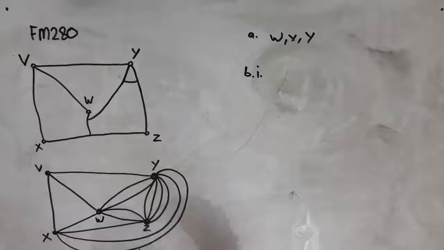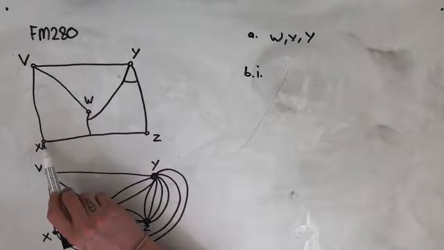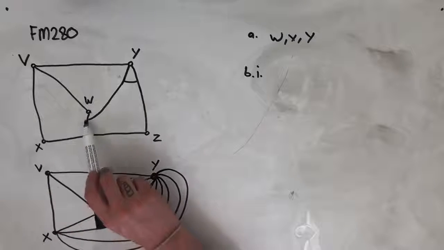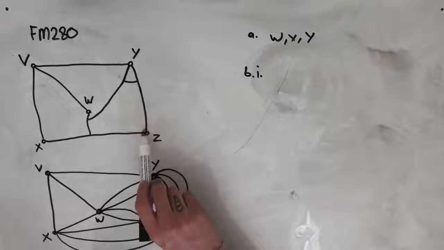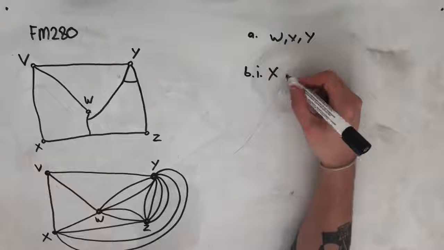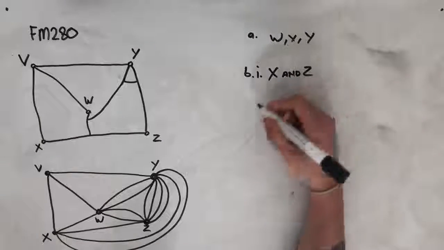So if you look through these, what you'll eventually realize is that X to Z only has one edge connecting them in our graph here, when there are actually two ways of getting from X to Z. So we can go straight along this trail here, or we can cut up and then back down, meaning that there should be another edge between X and Z. So our answer to B part I is X and Z.